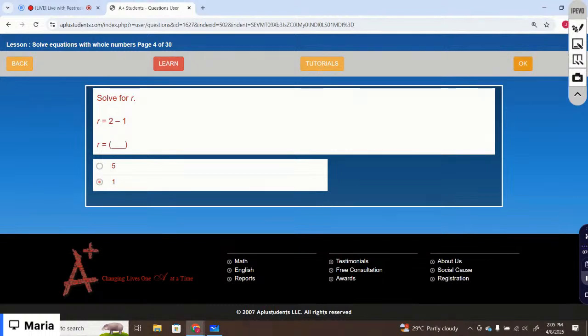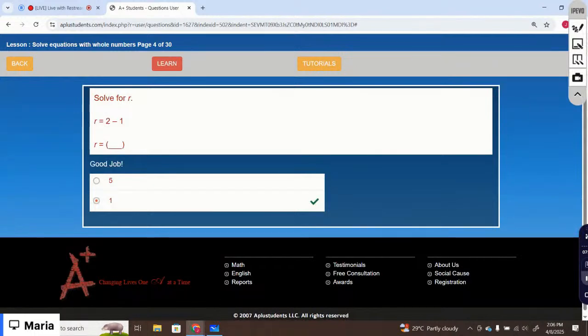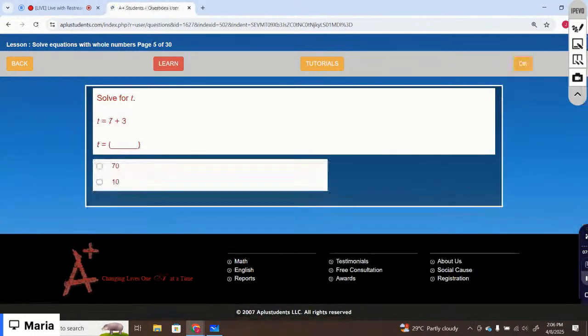Option number 2 is the correct option. So for t equals 7 plus 3. So 7 plus 3 is 10. t equals 10. Option number 2 is the correct option.